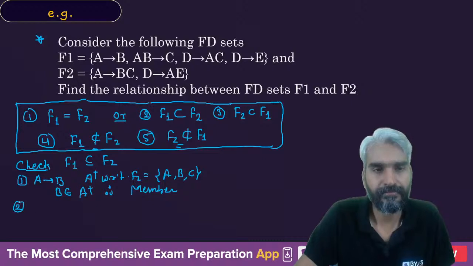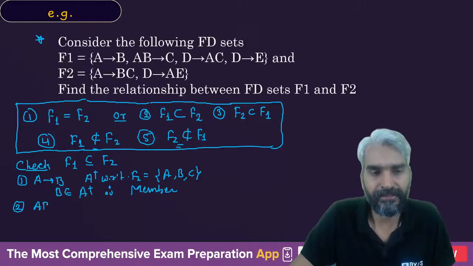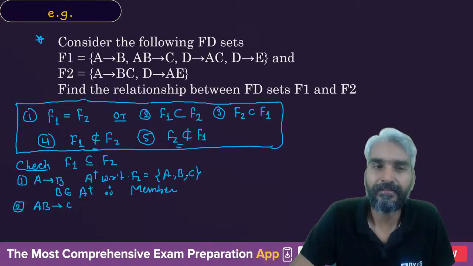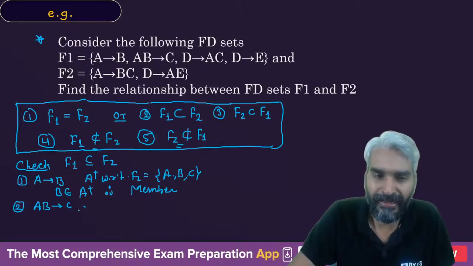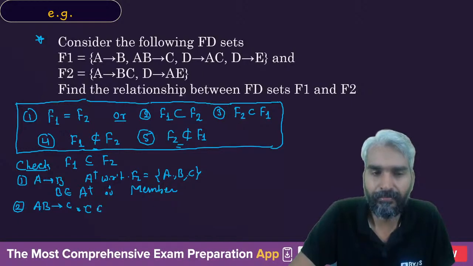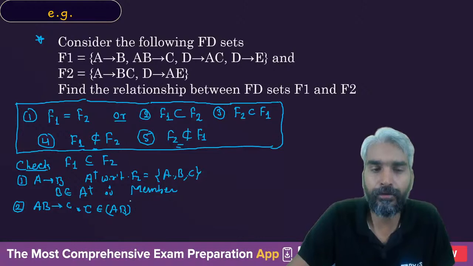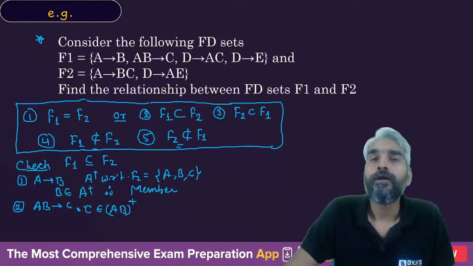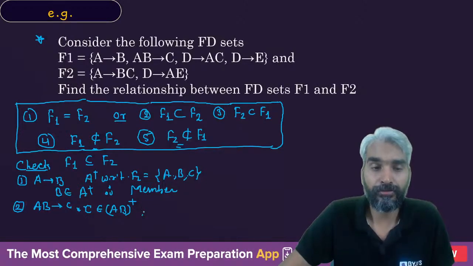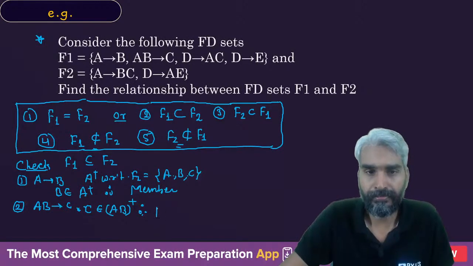Second is AB implies C. So if A closure itself contains C, therefore AB closure will definitely contain C. So I'm directly writing C belongs to AB closure. So that's what I said. If you use some mind, you will not have to calculate all the closures. So C belongs to AB closure, therefore member.